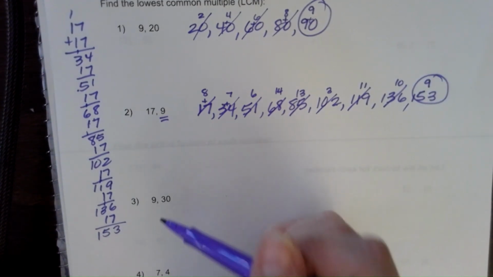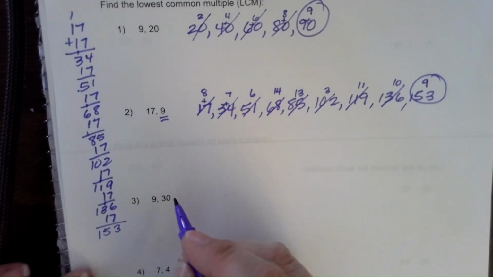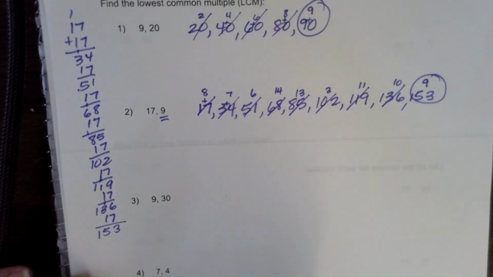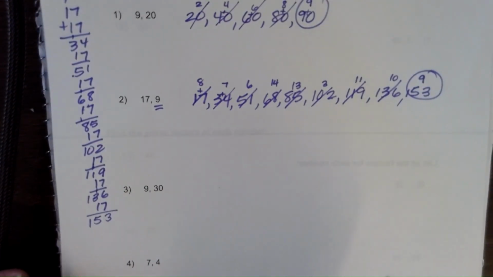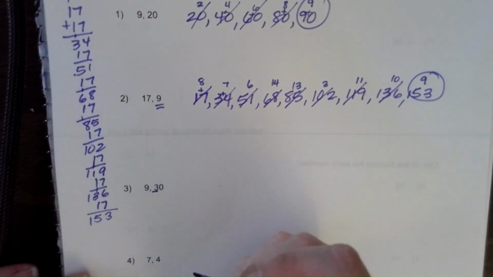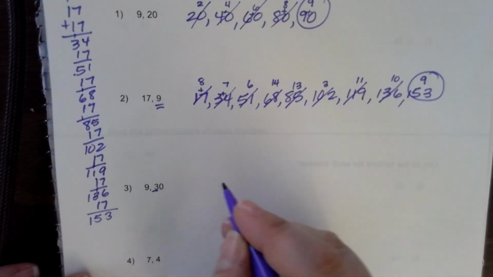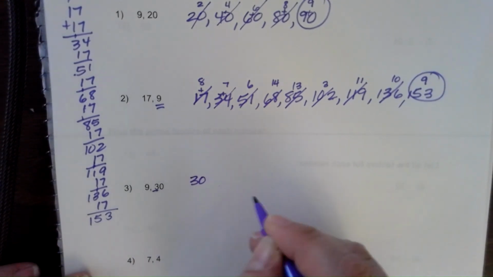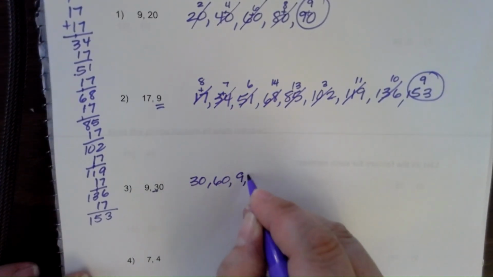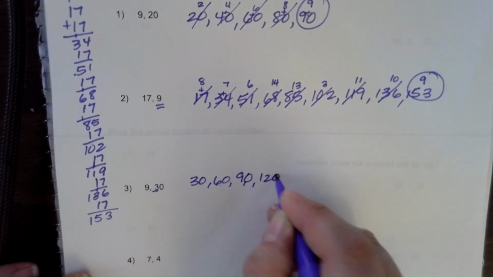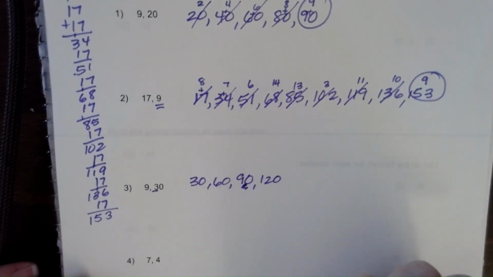Now, we got lucky again with the next problem because we have 9 going into 30. And 30 is also pretty easy to write multiples for. Remember that you can think of writing your 3's and just add a 0. So you've got 30, 60, 90, 120.